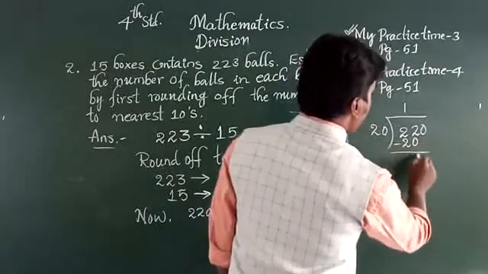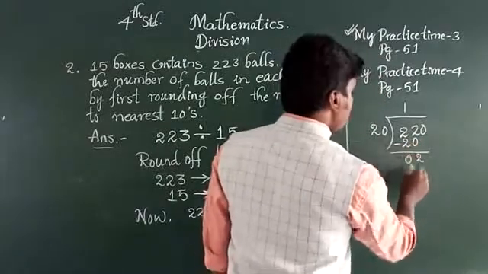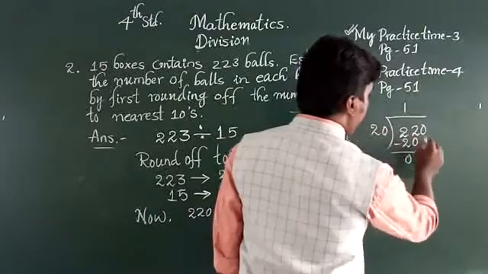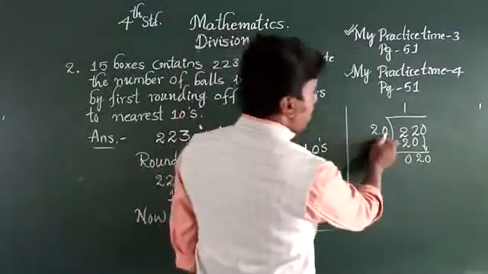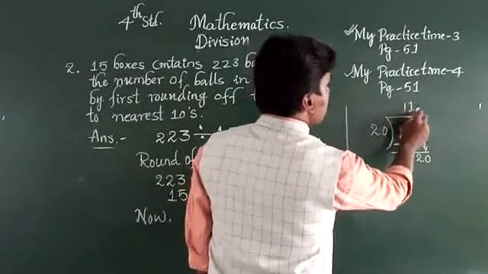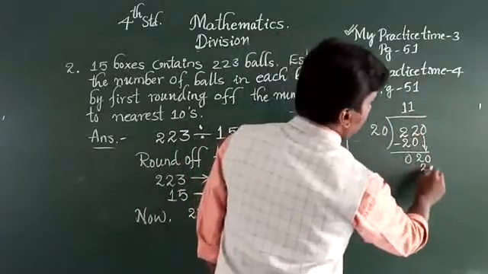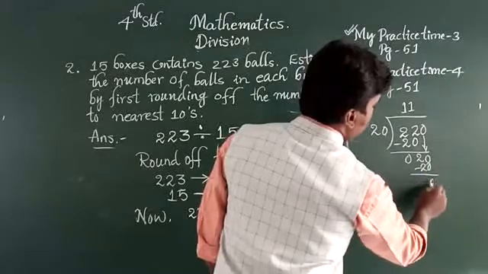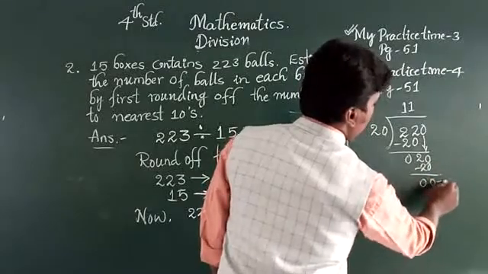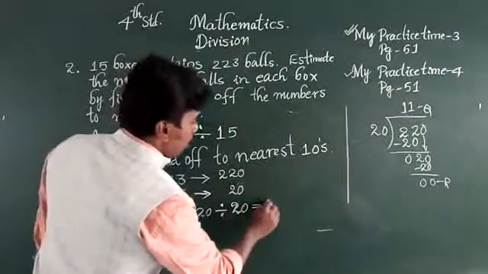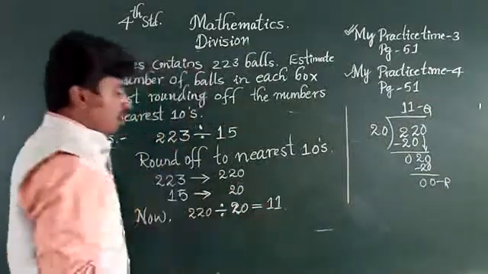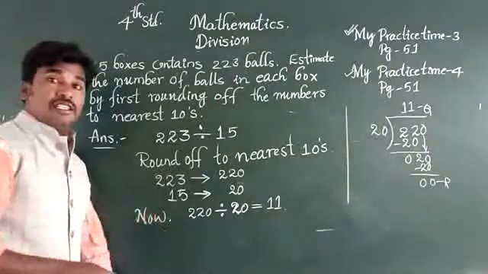Subtract it, 2 minus 0 becomes 2 and 2 minus 2 becomes 0. 2 is smaller than 20, bring down 0. 2 becomes 20. Okay, 20 again once, it is 20. So how many remaining? 0. It is the remainder, it is the quotient. What is the answer you are getting? 11. Therefore, quotient is 11.